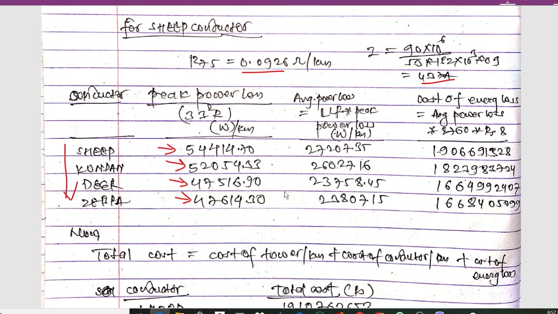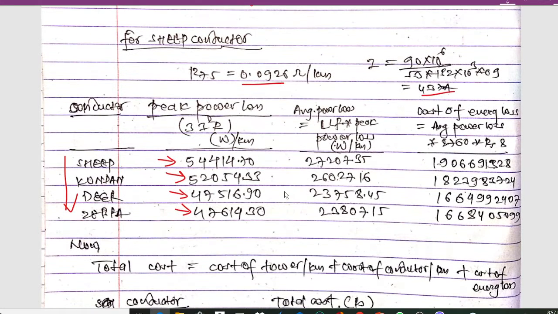You can directly set all the parameters in the calculator and solve. So loss factor into peak power loss, and just now we have obtained the peak power loss and the loss factor is given 0.5. So average power loss for each conductor will be calculated here. Similarly for kunda, deer and zebra we can obtain the average power loss for each conductor.